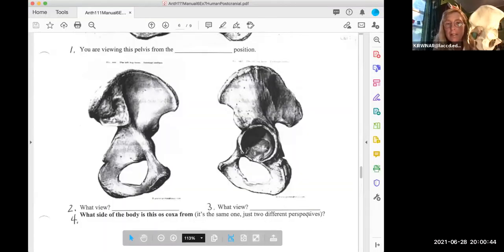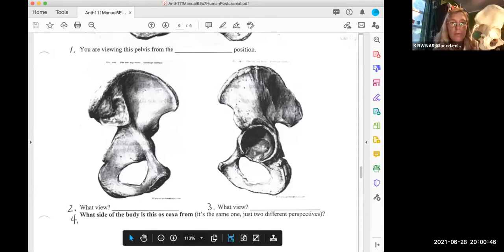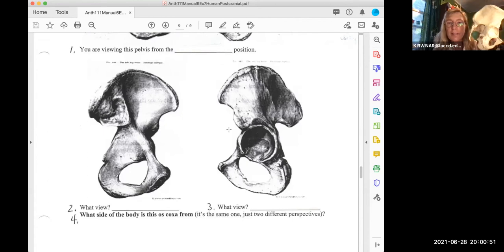So let's go check out this lab manual. Look for the obturator foramen. I don't see it on the left side of the page. So I'm going to do the bottom right of the page, and there is the obturator foramen right there. Now look for the triangular shape of that hole right in the ischium, or bottom part of the os coxa.